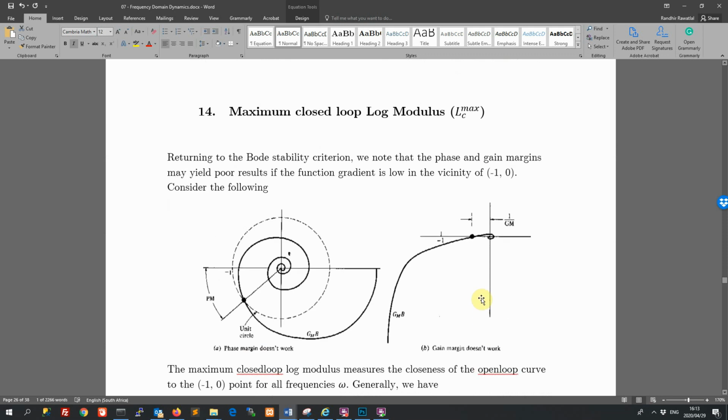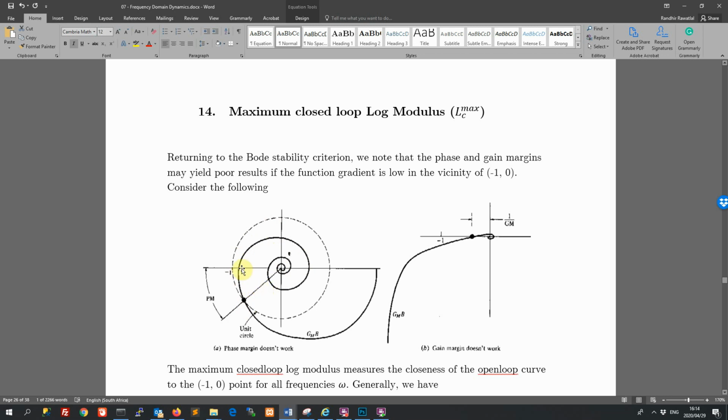So we can define the maximum closed loop log modulus, and here we can see some examples where that margin that we talked about earlier was possibly not the best definition for us. If we look at this transfer function, you can see it actually passes very close to minus 1, 0. So it's very close to wrapping minus 1, 0 and the system being unstable. And yet, if we apply the criteria that we described earlier, we can see here that we are at a magnitude of 1 at this angle, which is quite a significant angle.